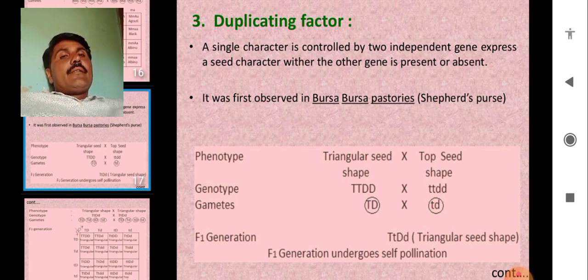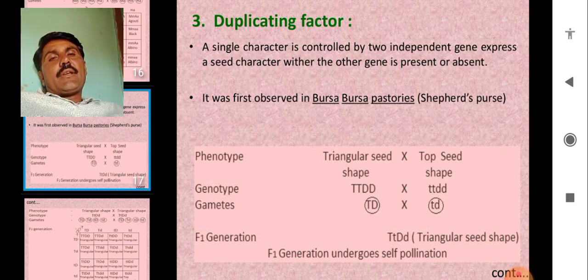The genotype of the triangular seed is capital TT and capital DD, whereas the genotype of the top seed is small tt and small dd.